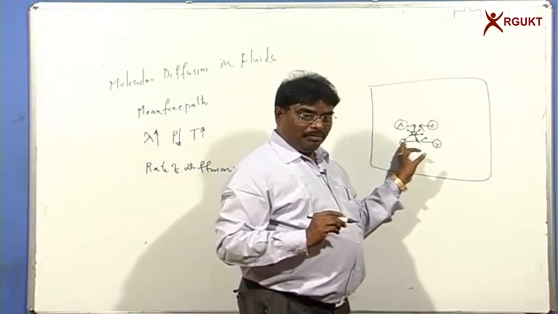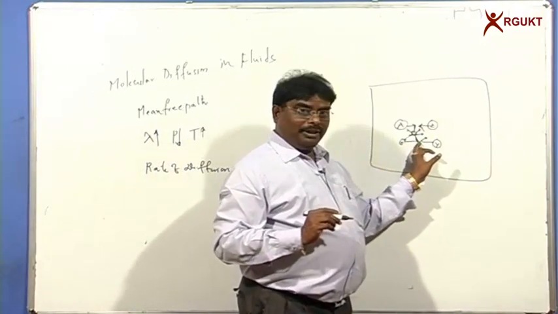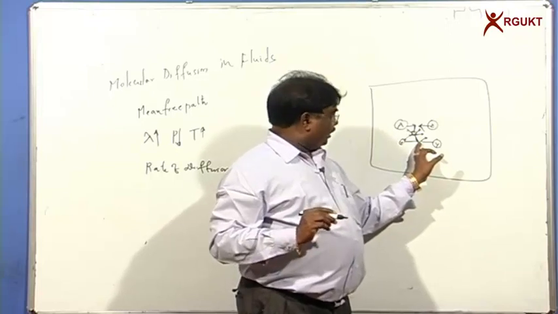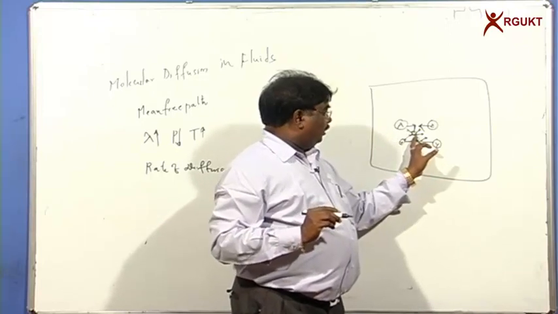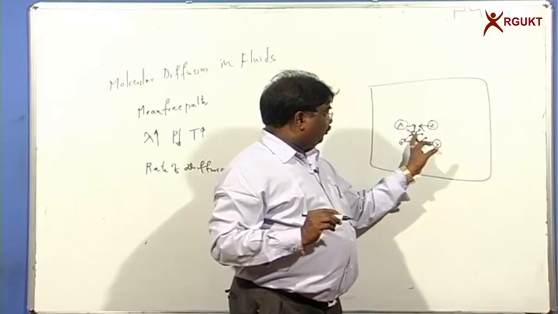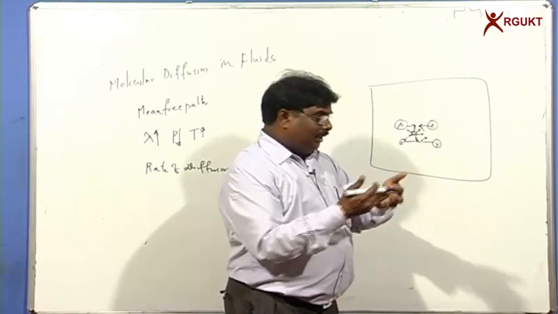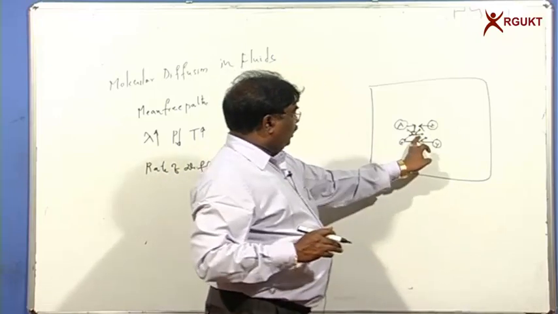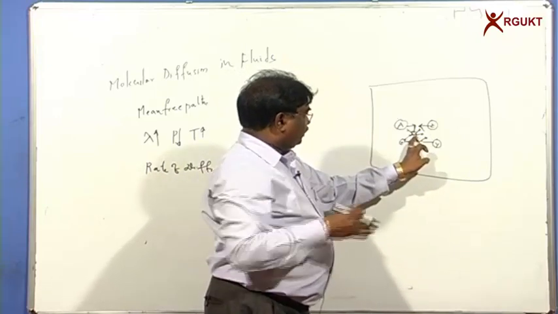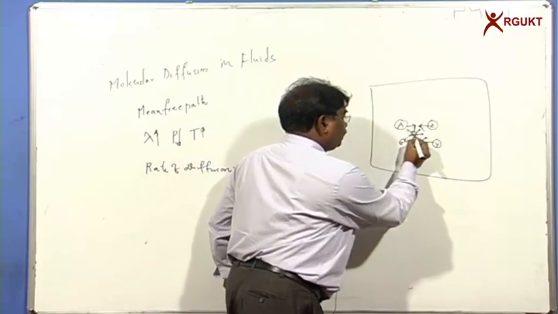So here we have the molecule of X, the X molecule moving in a direction, and the collision occurs. There is a directional change, and the molecule of X is now moving in this direction, then the molecule of A is coming like this, and again there is a collision between the molecules. The X molecule may move in several directions, or maybe assuming that this is moving in this direction.